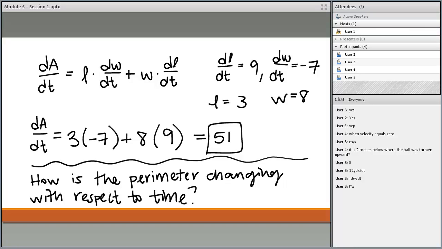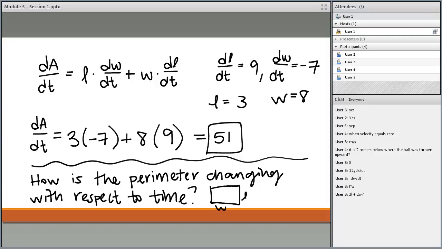So what do we need to know? Well, when we were trying to find the rate of change of the area with respect to time, we needed the equation for the area. Great, 2L plus 2W, and you can always draw a rectangle.